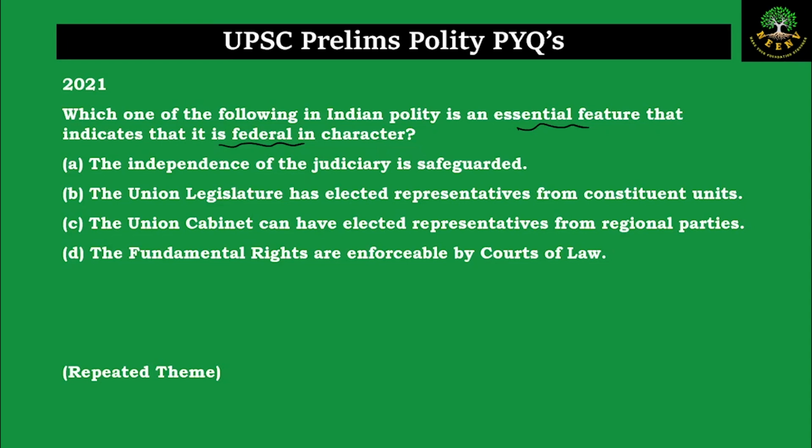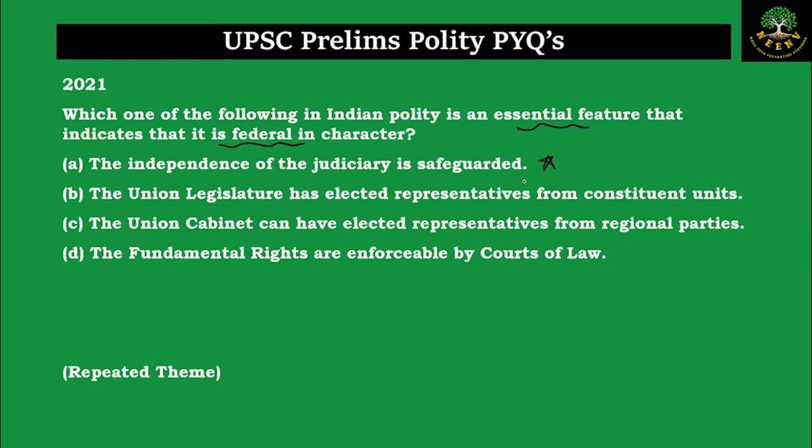Now, why do we need an independent judiciary? Will independent judiciary help the federal character of the polity? Yes, because if there are two power centers, there are bound to be disputes between the center and the states. So in order to resolve the disputes that are happening between the center and the states, we need an independent judiciary. So this statement makes sense.